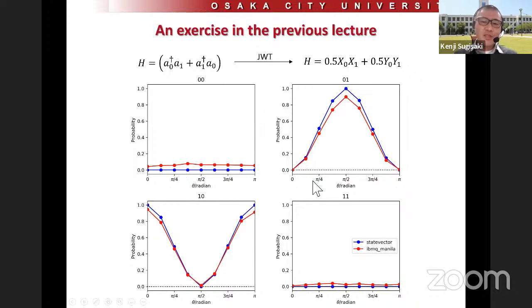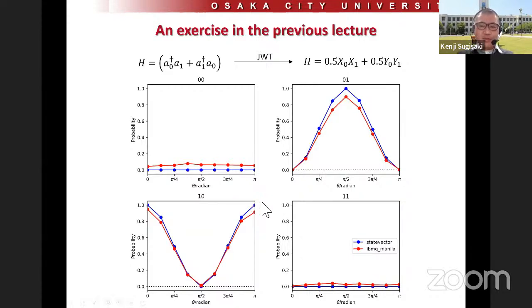Of course, we start from the 1 state, and this corresponds to some kind of flip-flop excitation. So the probability of obtaining the 0 state and the 1 state is always zero. But starting from the 1 state and applying the time evolution operator, we can obtain the 0, 1 state at the time t equal pi over 2, and then return to the original state at the evolution time t equal pi.